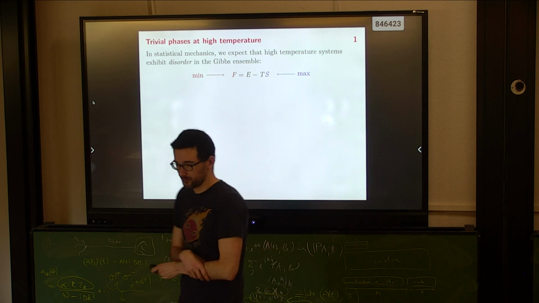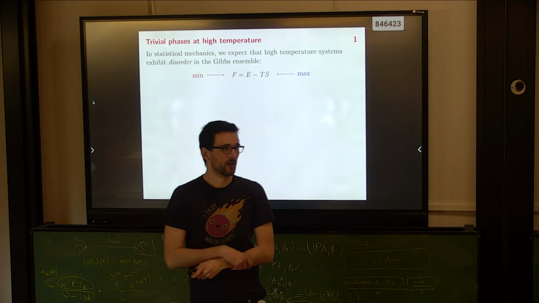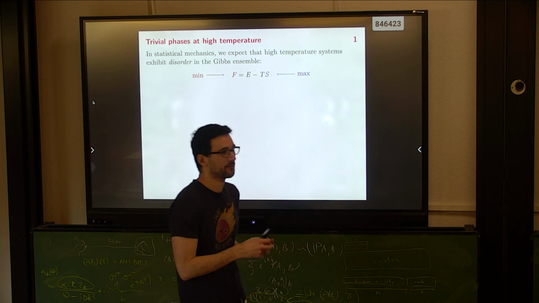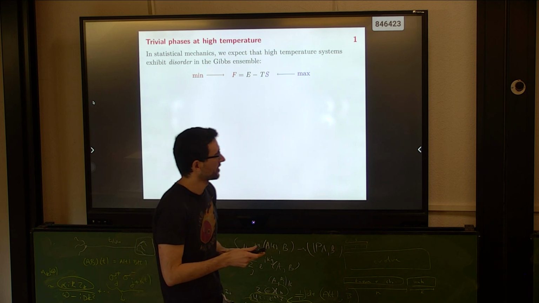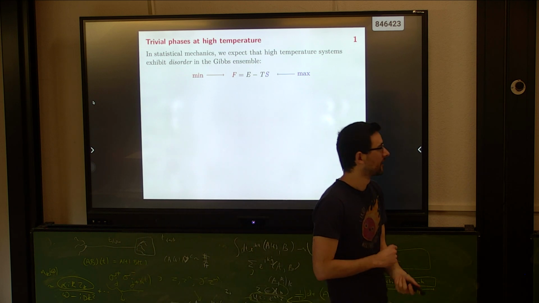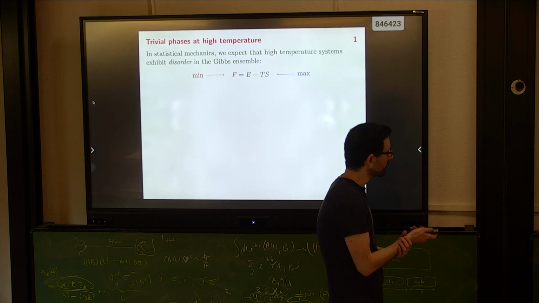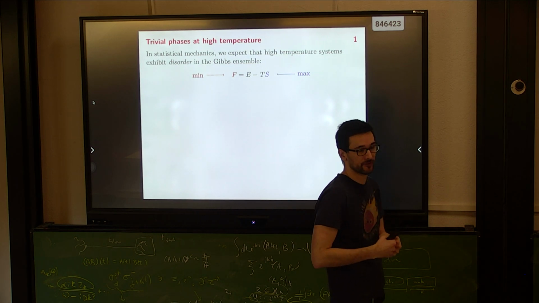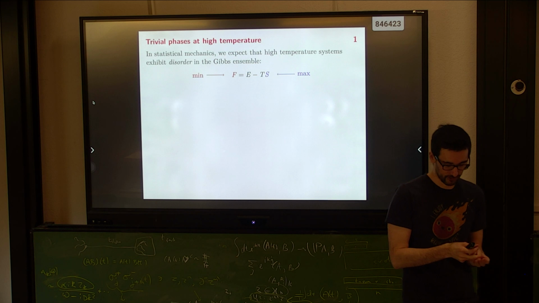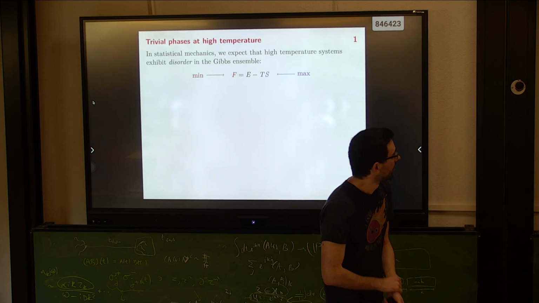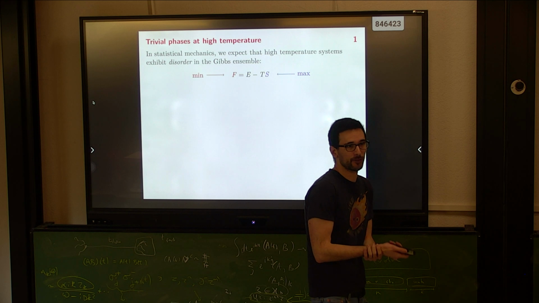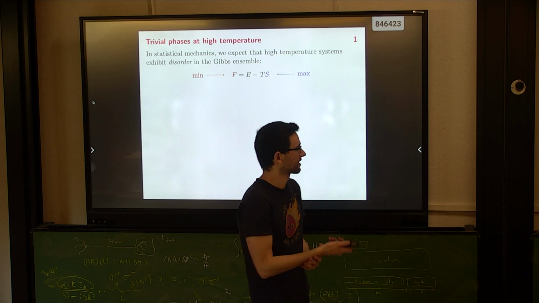So the motivation for this talk is that we have this conventional wisdom in textbook thermodynamics and statistical mechanics, which is that if we heat a system up to very high temperature, it will be in a disordered phase. And there's a very simple argument for this from 19th century physics.